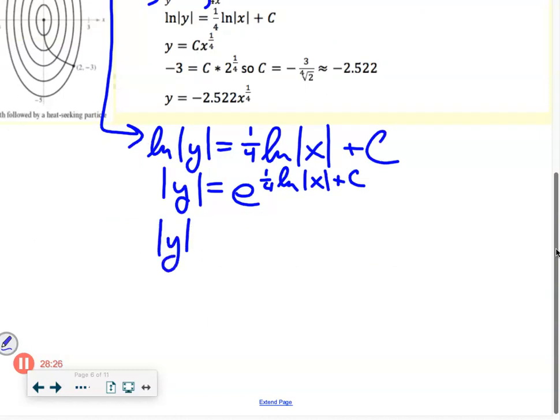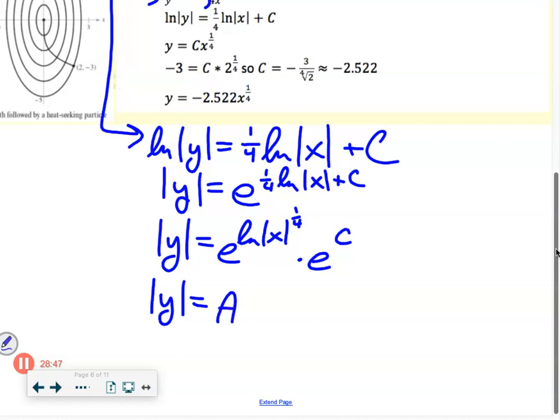When you have a number in front of an ln, it can become an exponent, like that. And then this could be times e to the c. So absolute y equals some unknown constant, and then e to the ln of stuff is the stuff, because these are inverse functions.